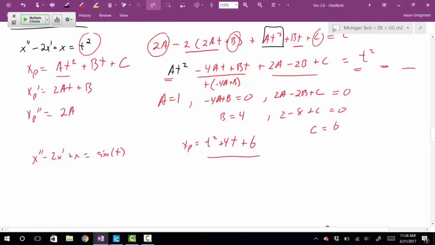What's the derivative of sine? Cosine. The second derivative gets me back to sine. I don't really care if there's a negative sign. Basically, when I take the derivatives, I either have sine terms or I have cosine terms. So that means for the form of my particular solution, I have to have a constant times sine plus a constant times cosine.